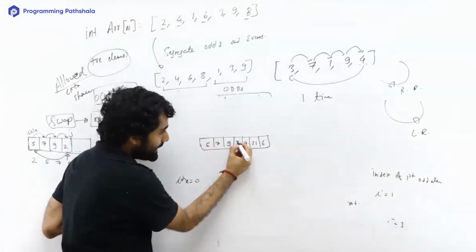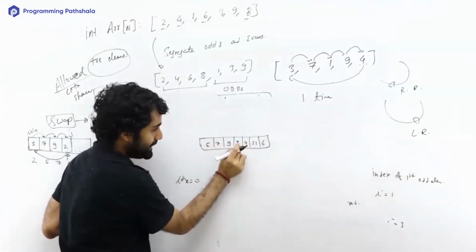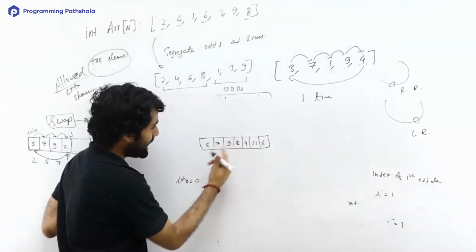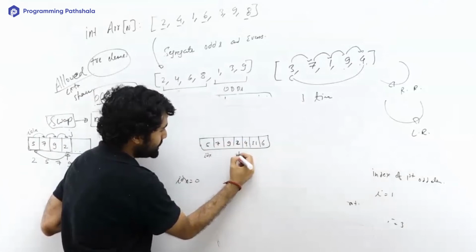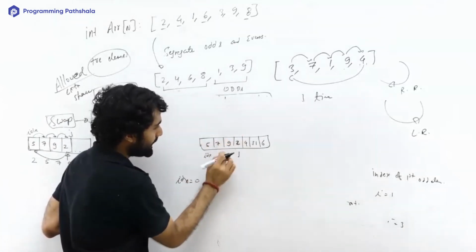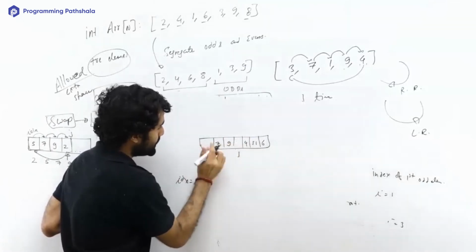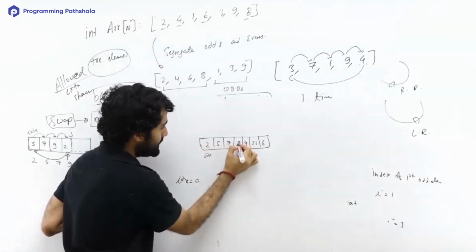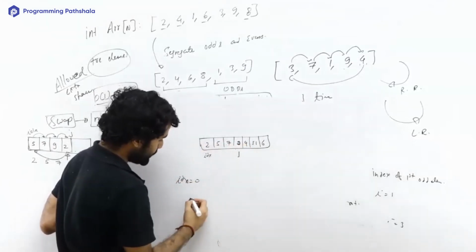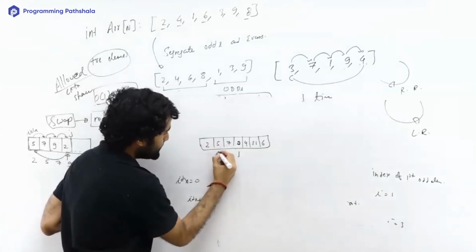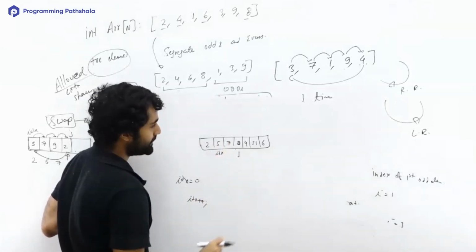Whenever you see that you have found an even element, you will just rotate the part from idx to j. When you do that, we all know that 2 will come here and 5, 7, 9 will be pushed to the right. So 2 comes here and 5, 7, 9 get pushed here. And the next step that you will do will be idx plus plus, so that the first index of the odd element gets updated, right?